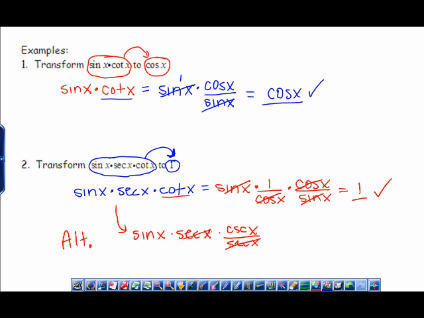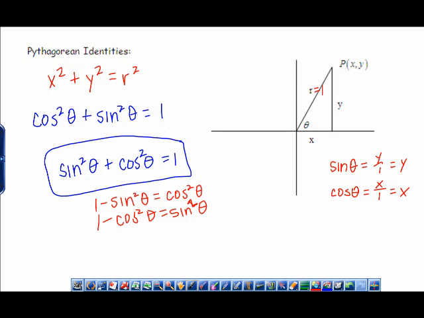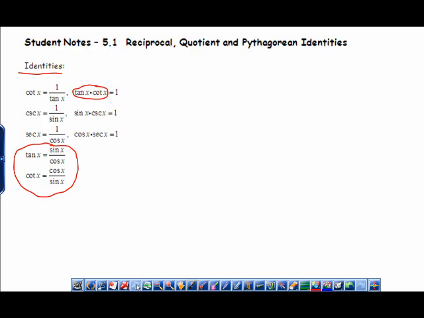So that the secants would cancel. Then you would be left with sine x times cosecant x. And this is an identity from the very first page, because those two things are reciprocals of each other. They equal 1. And so from right there.